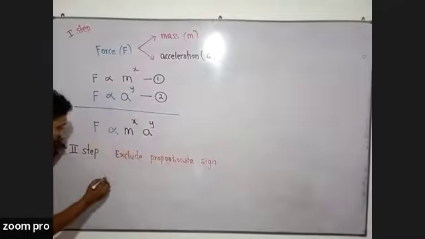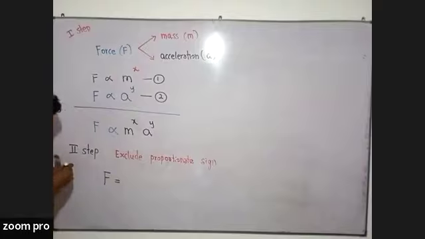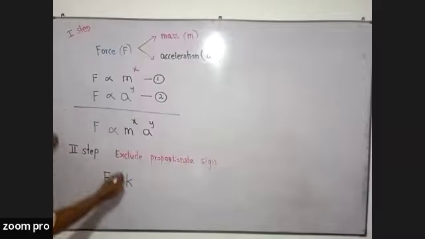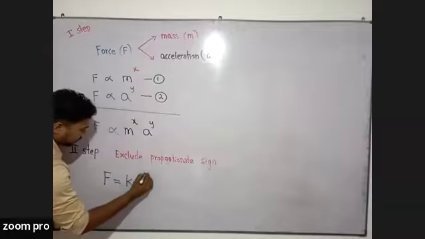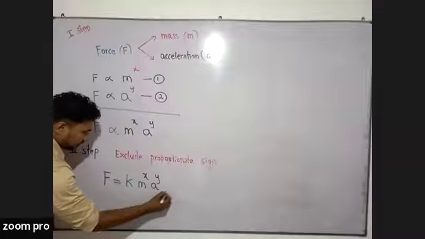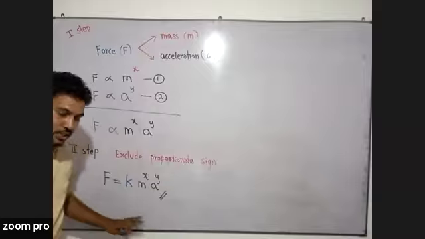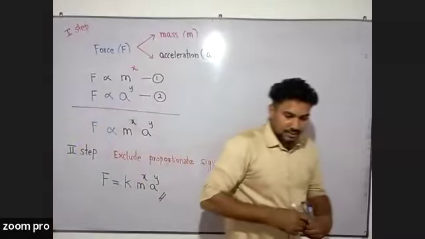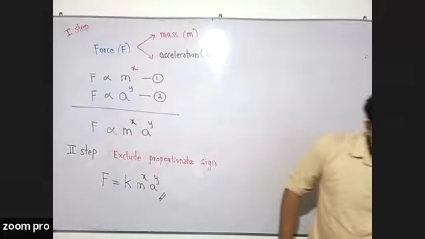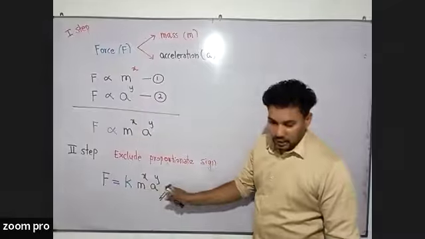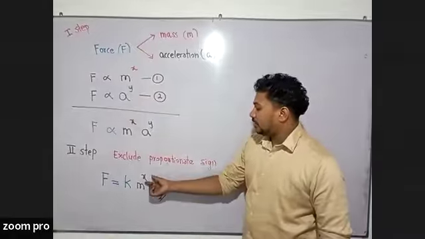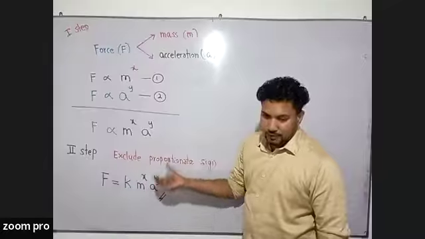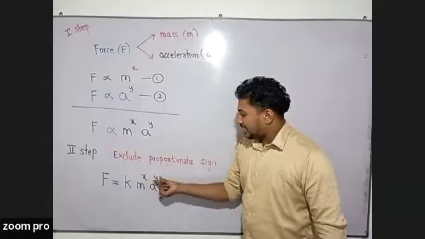By applying an equal sign and a constant, we can exclude the proportional sign. Right. So this is the way that we obtain the relationship between F, M and A. Even though we build up this equation, we don't have an idea about the values of X and Y, right?